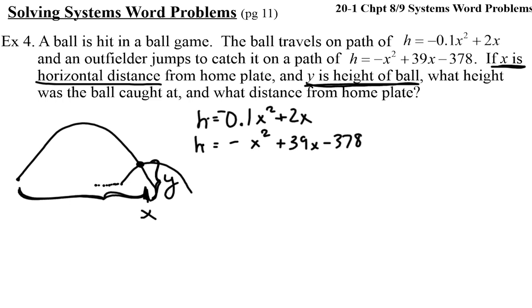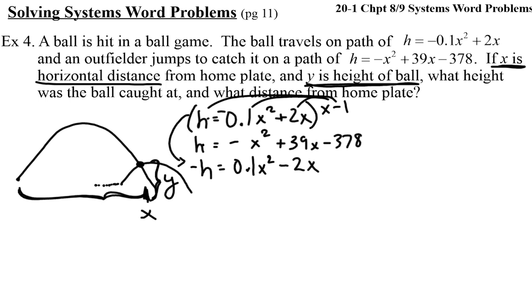They're not additive inverses, but I can make them additive inverses and eliminate one of them by multiplying the whole thing by -1. So if I rewrote it, I would have negative h equals positive 0.1x squared minus 2x and nothing else. After multiplying everything by -1, I can cross off my additive inverse h's, which gives me 0.